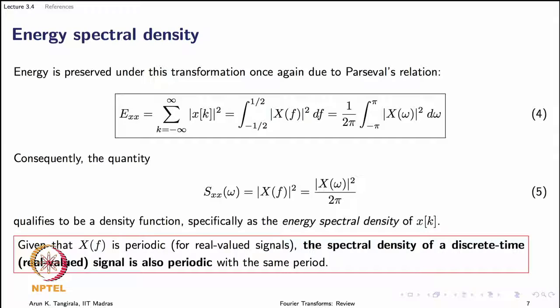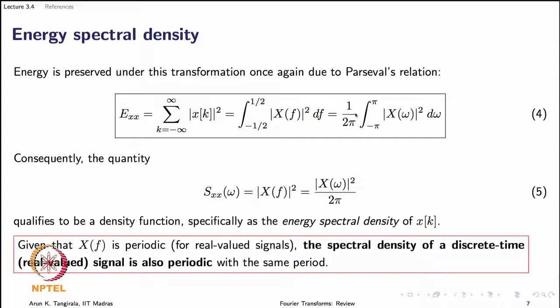As expected now, and as also discussed earlier, we have this energy spectral density, which is a very practically useful measure. The area under magnitude square of X of f gives me the energy due to Parseval's relation. And again, notice that I have given expressions in terms of cyclic as well as angular frequency, and the moment you use an angular frequency here, you have a 1 over 2 pi appearing in front of the integral.